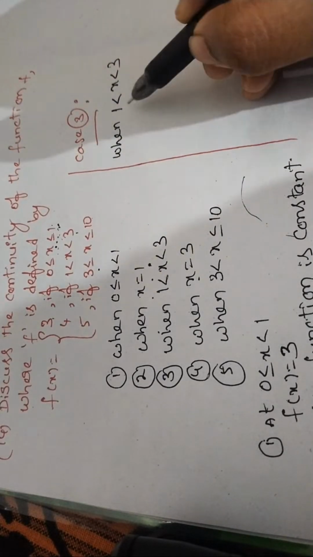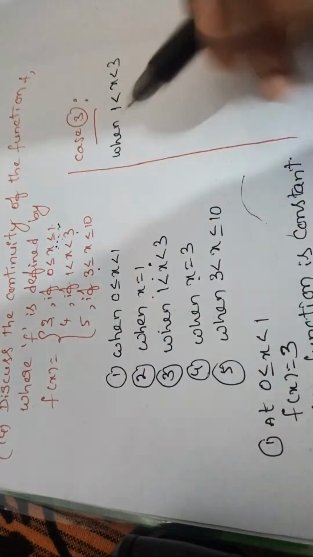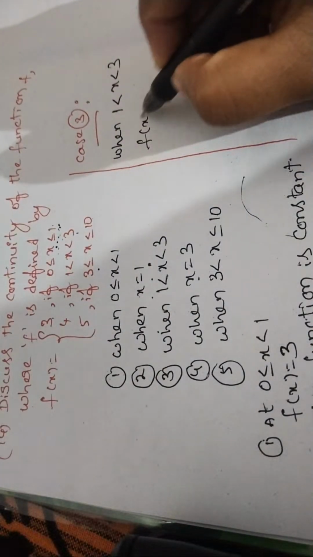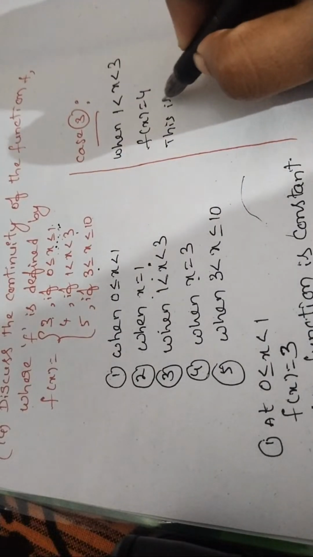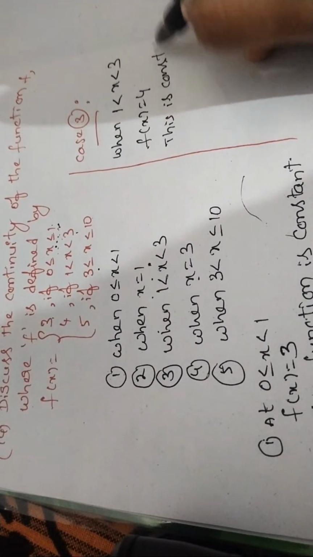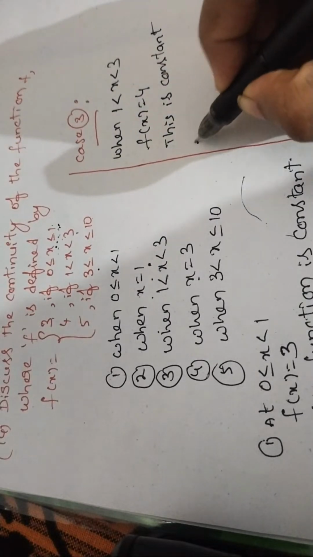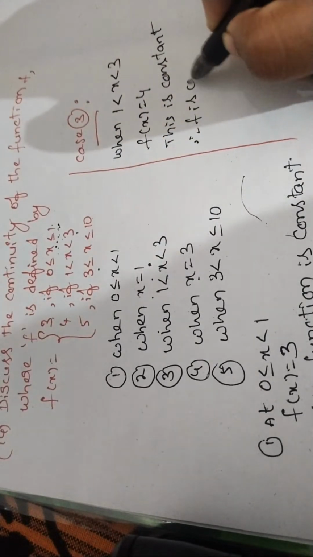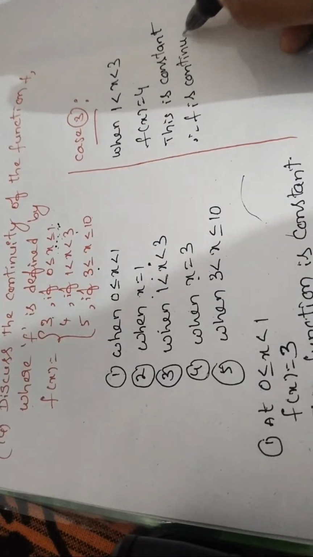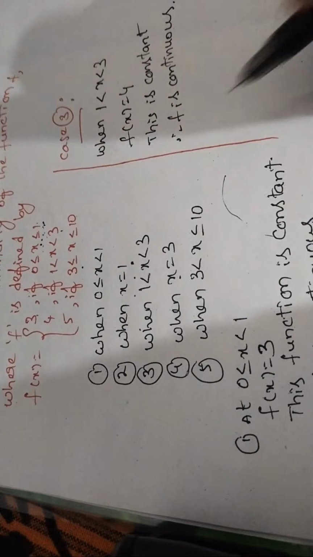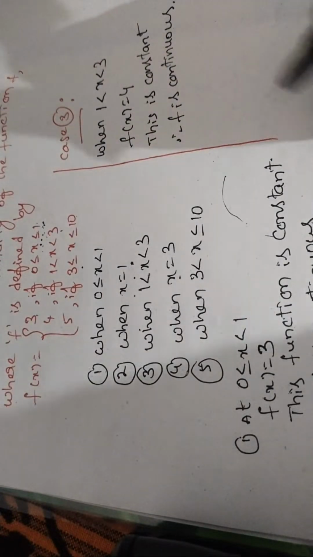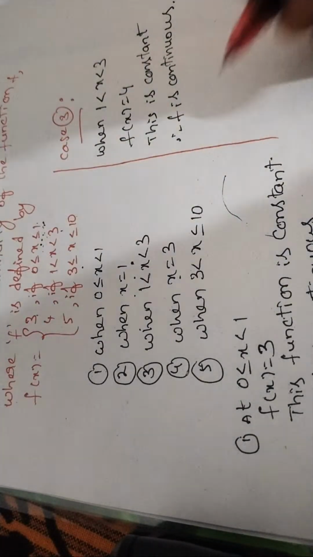At this case, the function is 4, so f of x is equal to 4. This is constant. Therefore, f is continuous.